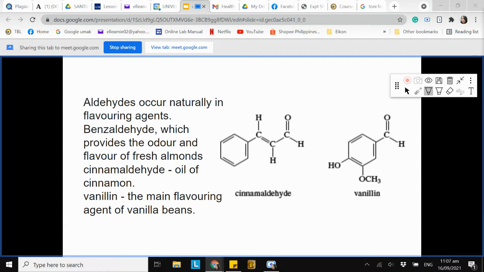But with the idea of studying about organic compounds, we are actually able to produce synthetic flavors. Kaya nga minsan, di ba, isang patak lang siya, powder siya, pero andun yung lasa. Okay, because of those chemicals that we create.